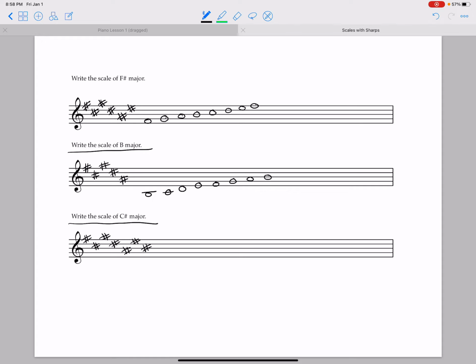For this one, we want to start on a C sharp, which is already in the key signature. So there's our C, and it's already sharpened. C, D, E, F, G, A, B, and there's our C sharp. And we are done.